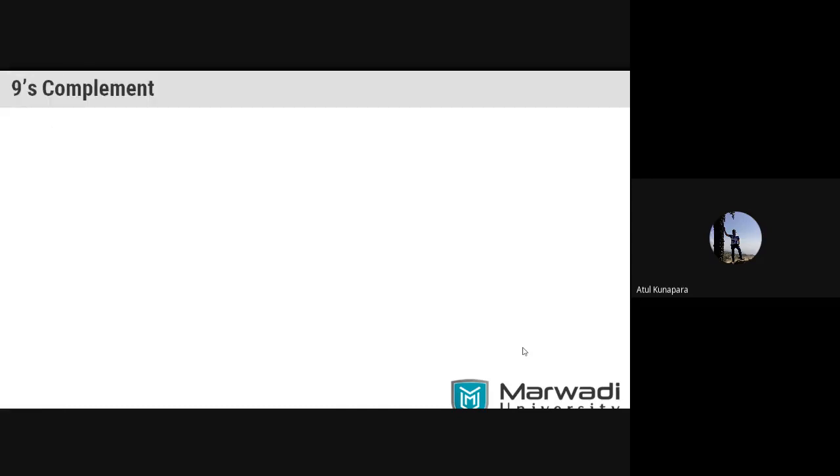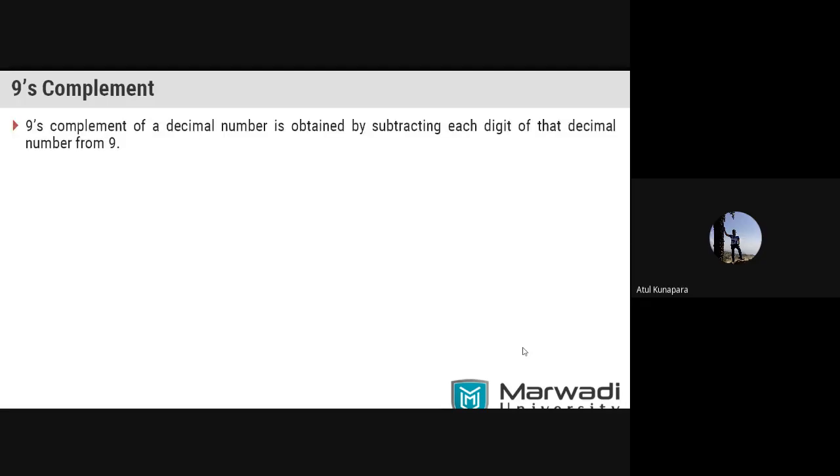Let us first begin our session with the 9th complement method, or how we can get a 9th complement number for a given decimal number. What is the method for getting the 9th complement? The 9th complement of any decimal number is obtained by subtracting each digit of the given number from the largest decimal symbol, that is 9.